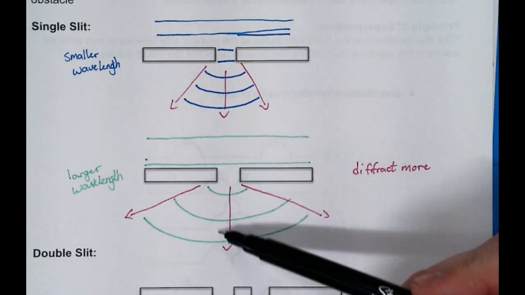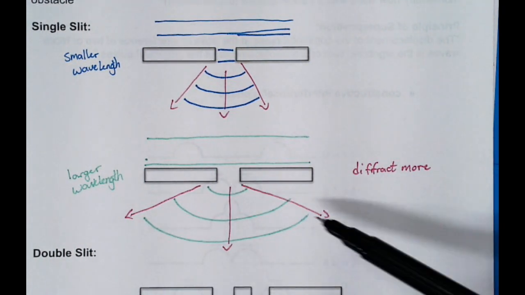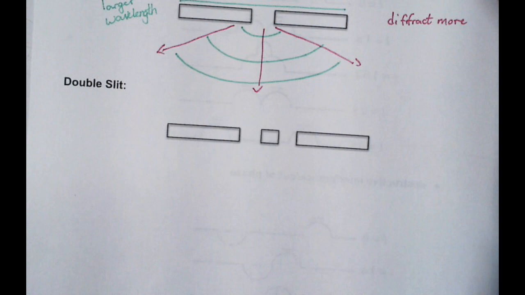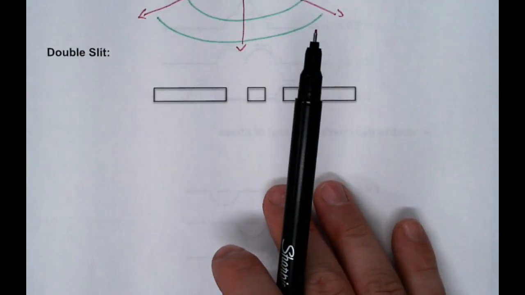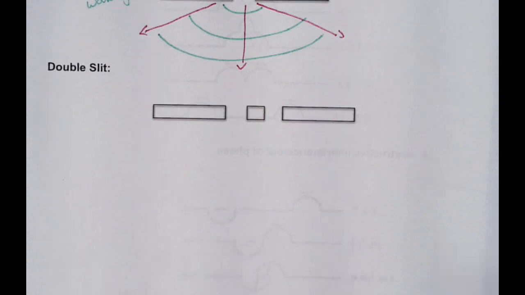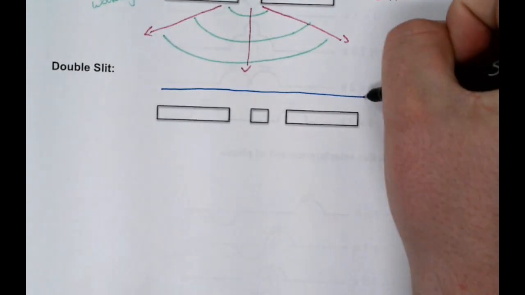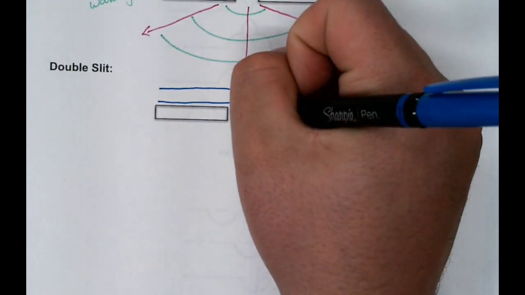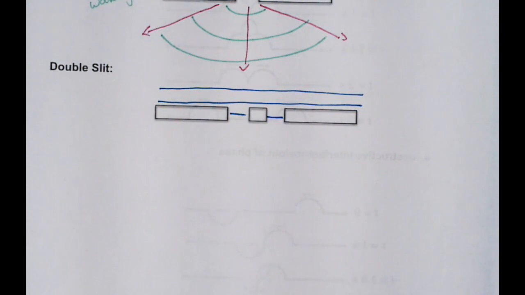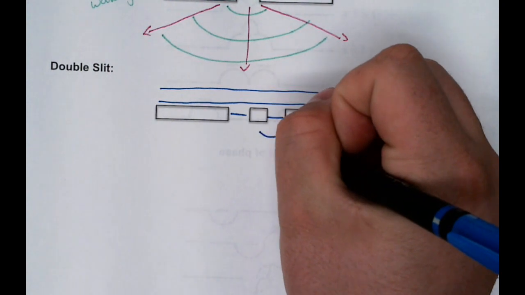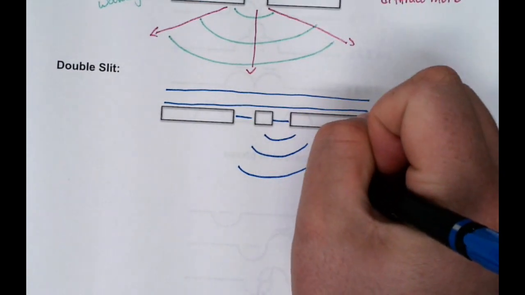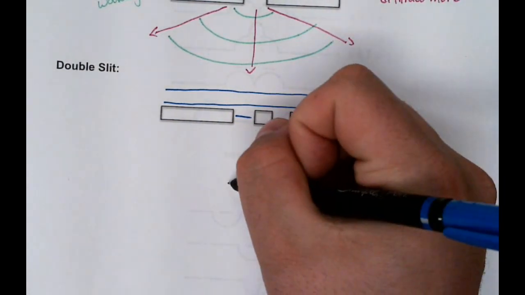That's going to happen on both of them, so you get your waves here as well. That overlapping we call interference. So when you have a double slit, the waves diffract, which means that they bend around the slit to light up the whole space, and they also interfere.